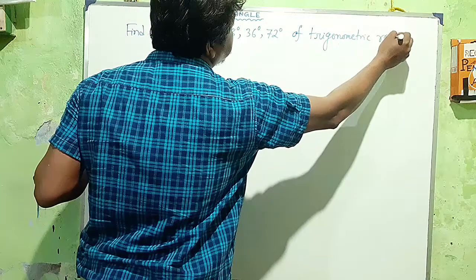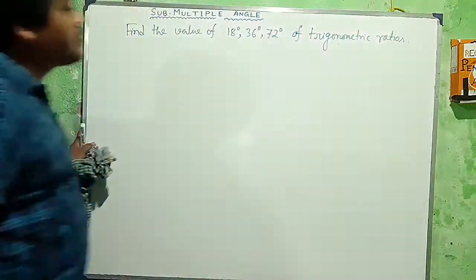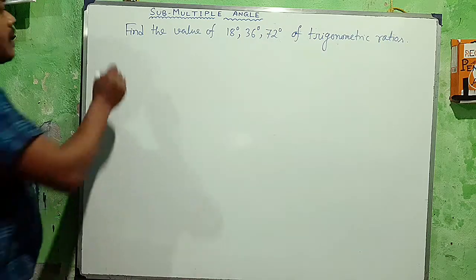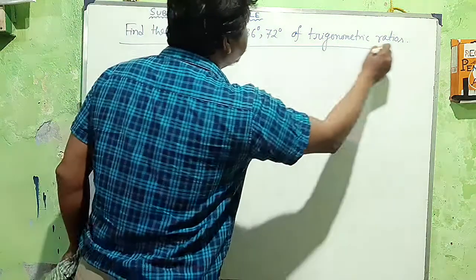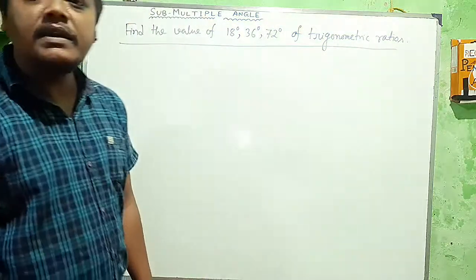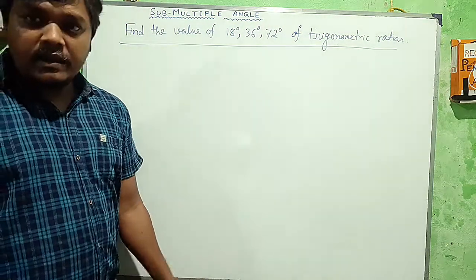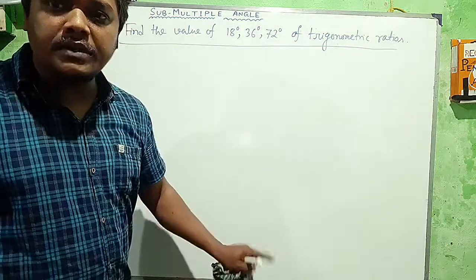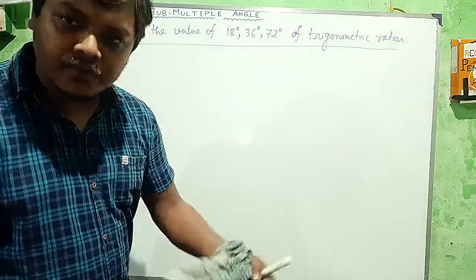How to calculate it? Okay. So first we will discuss the value of sine 18 degree. If you know sine 18 degree, you can easily calculate cosine 18 degree, and if you know sine and cosine, then you can calculate all the trigonometric ratios: tan, cot, sec, cosec.